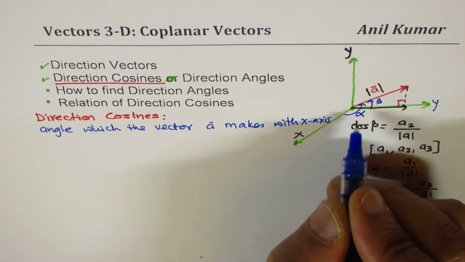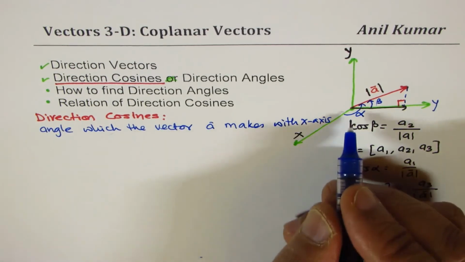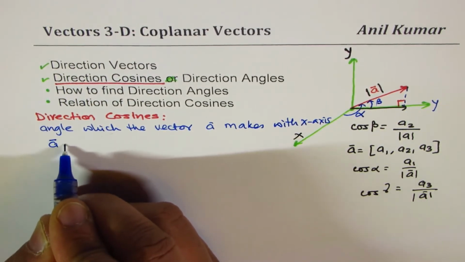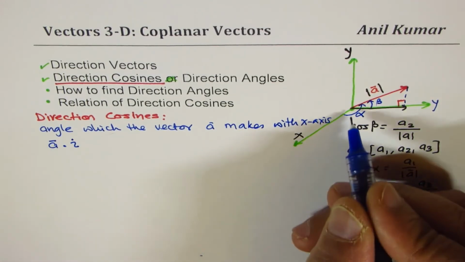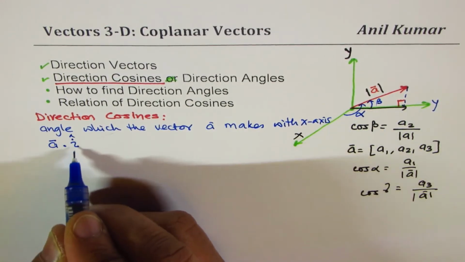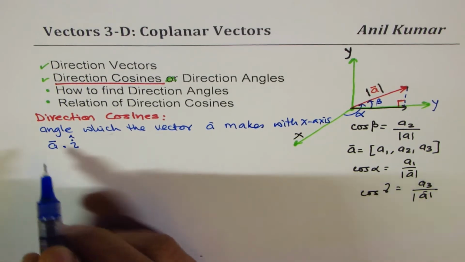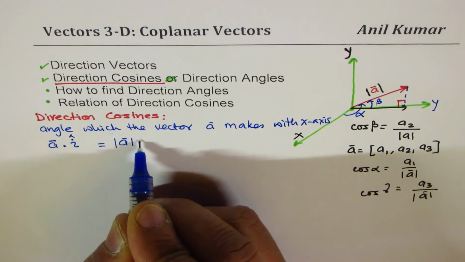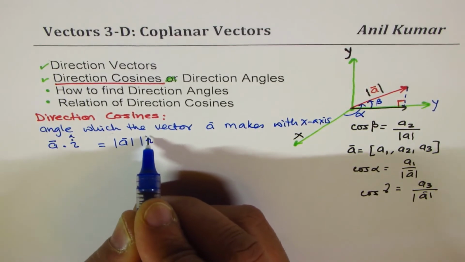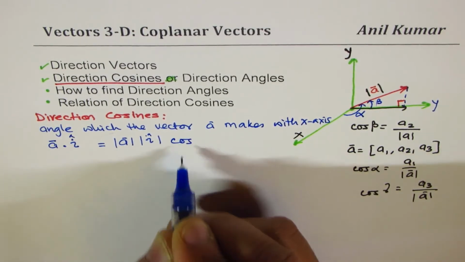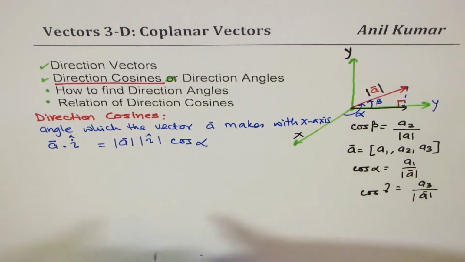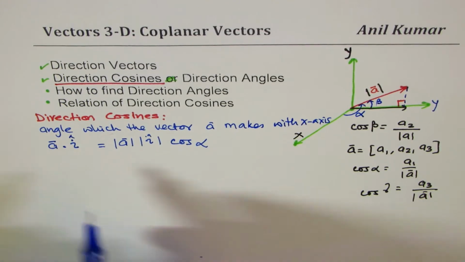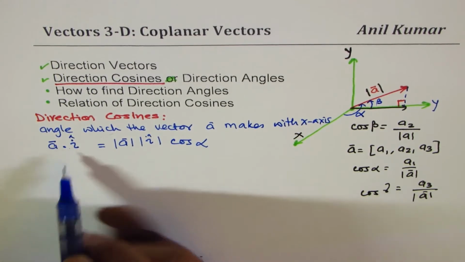Is it okay? So in that case, to find this, what we can do is the dot product of our vector with the vector along the x-axis, which is unit vector i. Now this dot product is equal to the magnitude of A times the magnitude of unit vector i times cosine of the angle between them, which is cos of alpha. Correct? Now let's find this dot product. What is this dot product?